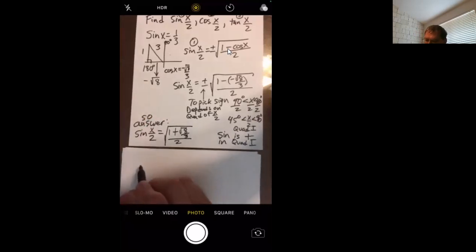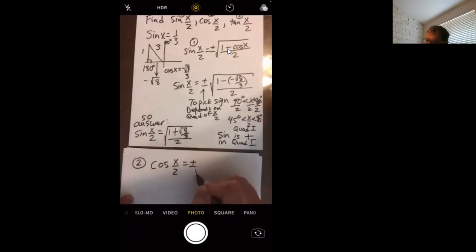All right, so number 2, try to keep the same pictures up. We want cosine of x over 2. And that would be plus or minus big square root 1 plus cosine x, divide by 2.